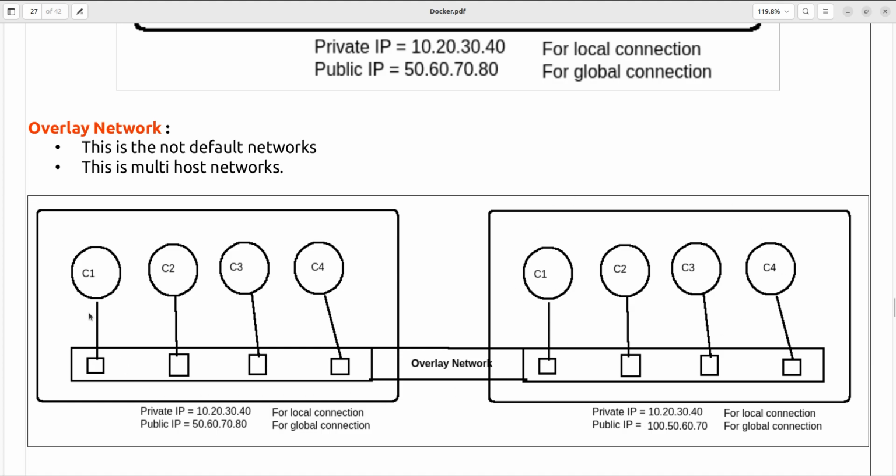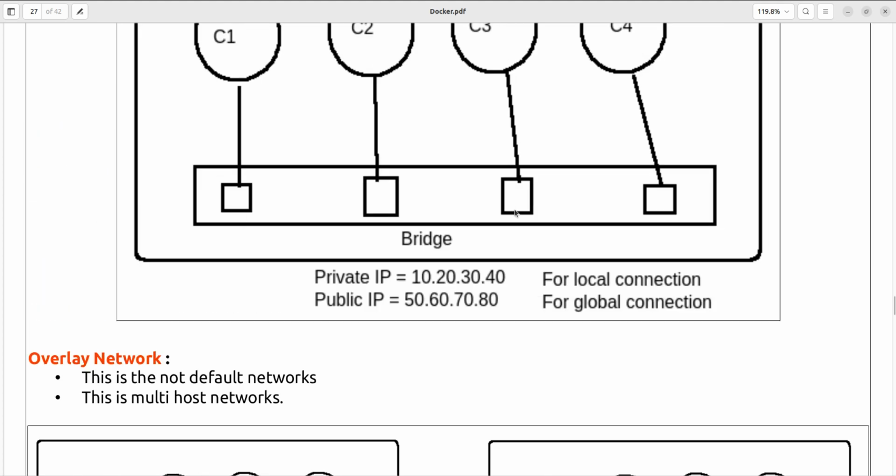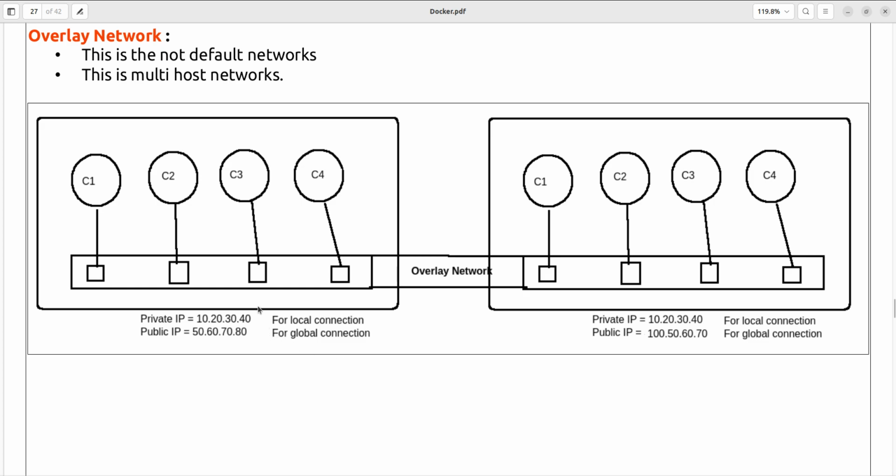If you want to communicate from C1 to C2 on the other machine, how can you do it? You have to use the overlay network. In that case you can't use the bridge network. So this is overlay, and overlay is a multi-host network, and this is not the default network.